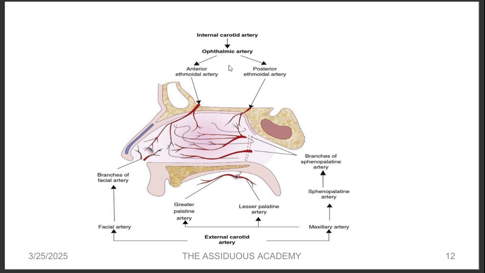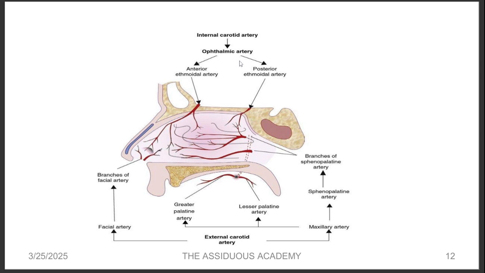I can start for you so that you pick it up from the aorta. So from the aorta, you are going to have the ascending aorta, then the arch of the aorta. From the arch of the aorta, I've got the brachiocephalic trunk, you have got the common carotid, okay, the left common carotid, and then you are going to have the left subclavian. The common carotid is going to bifurcate into the external carotid and the internal carotid.